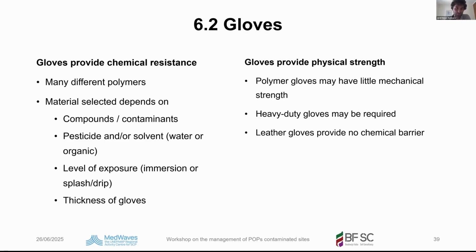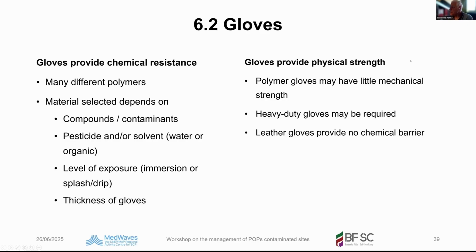Okay, we'll continue. Now we come to the gloves, and gloves have to provide chemical resistance. There are many different polymers that are used to make gloves. The material selected depends on the contaminants, actually the same list as for the overalls: the pesticides and or solvents, water or organics, the level of exposure, and the thickness of the gloves.